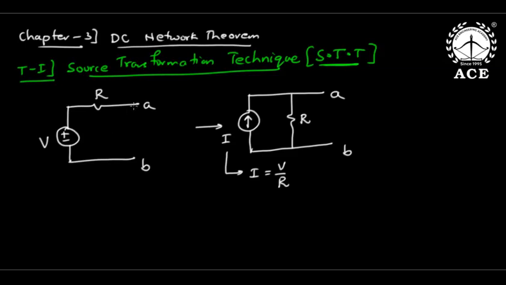If you connect any passive element between A and B, the voltage source will drive current from A to B. Similarly, the current source also should drive current from A to B. So that is why this direction is correct. Wherever plus is there, up arrow; minus is there, tail of the arrow.